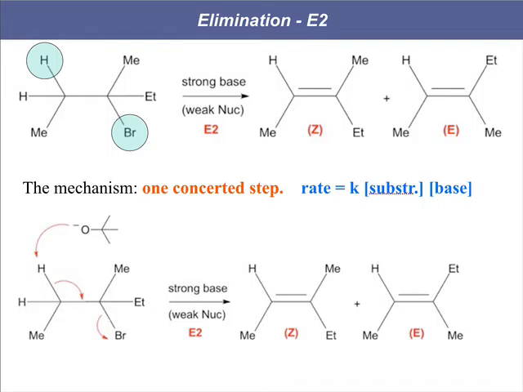Let's go back briefly to our big picture and mechanism slide, because I want to highlight some similarities and differences between E2 and SN2. They are both second order reactions, which of course means that they occur in one concerted step where the reactant attacks and the leaving group leaves in the same sequence, not in separate sequences.